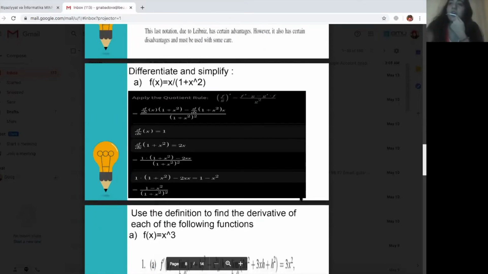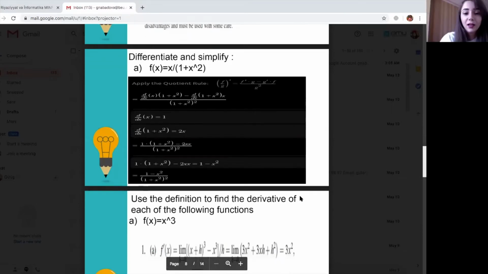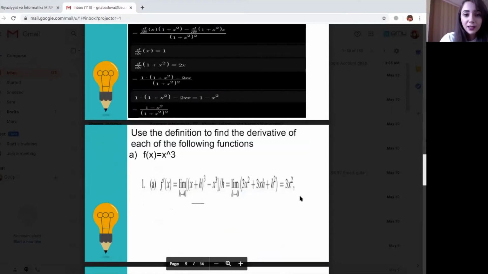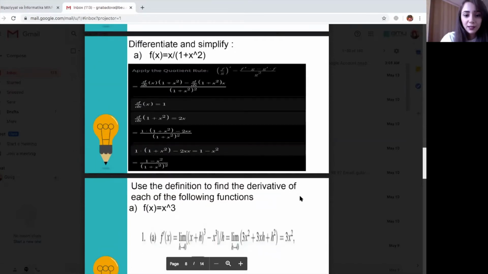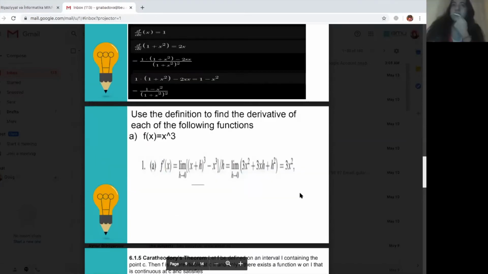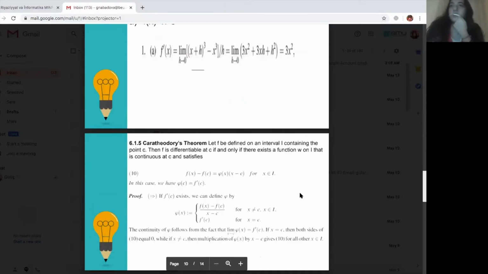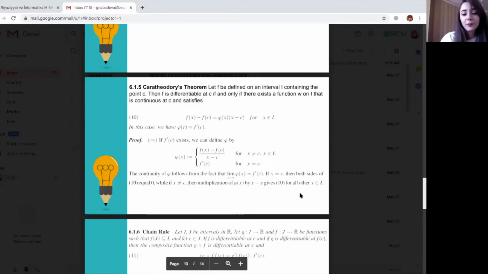If you go down, this is differentiate and simplify f(x). There are some examples. Let's continue with this theorem. Caratheodory's theorem: let f be defined on an interval I containing the point c.